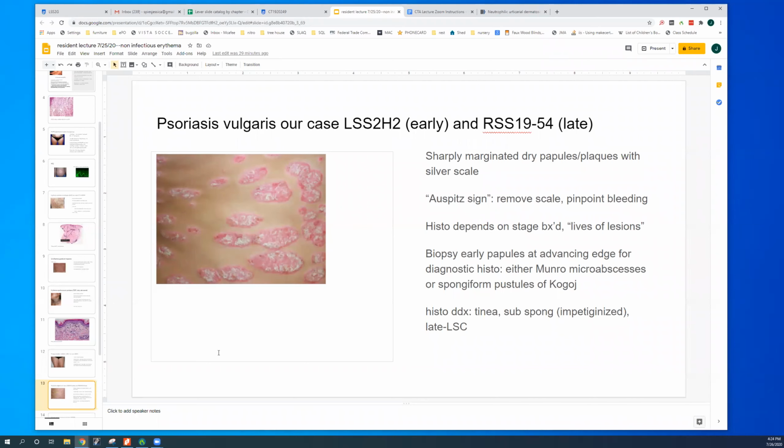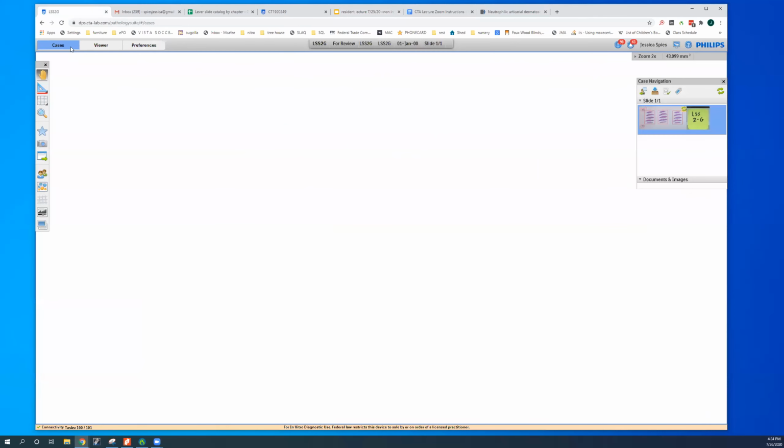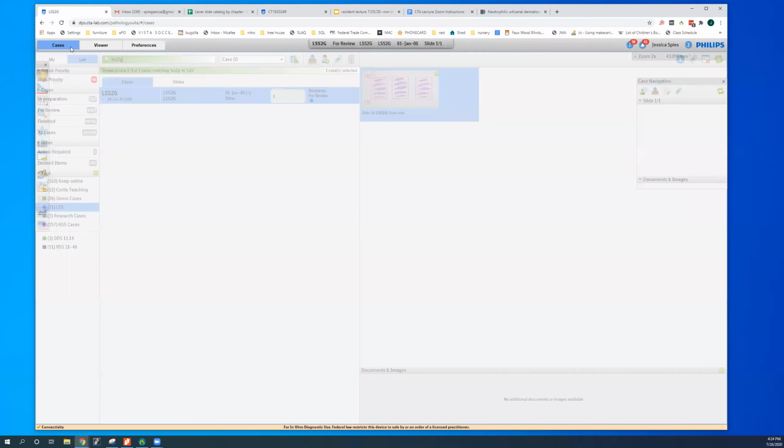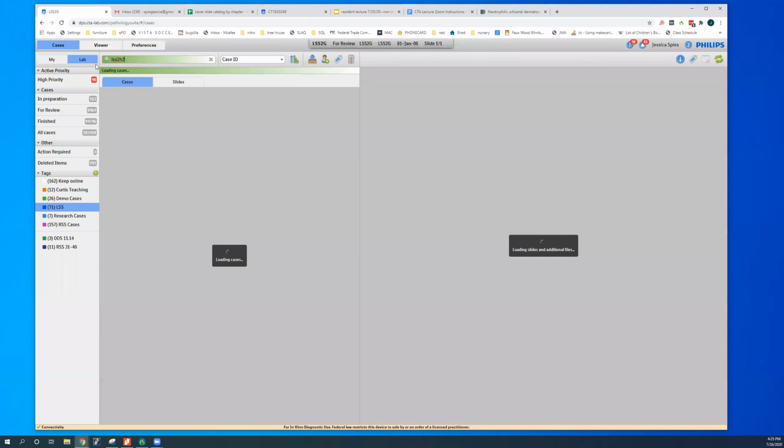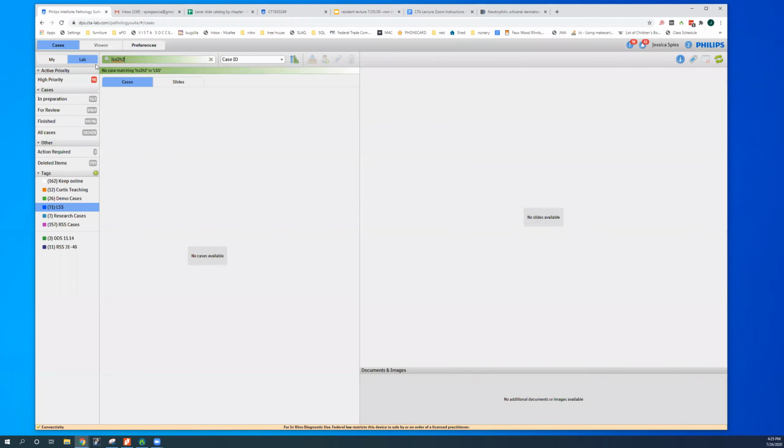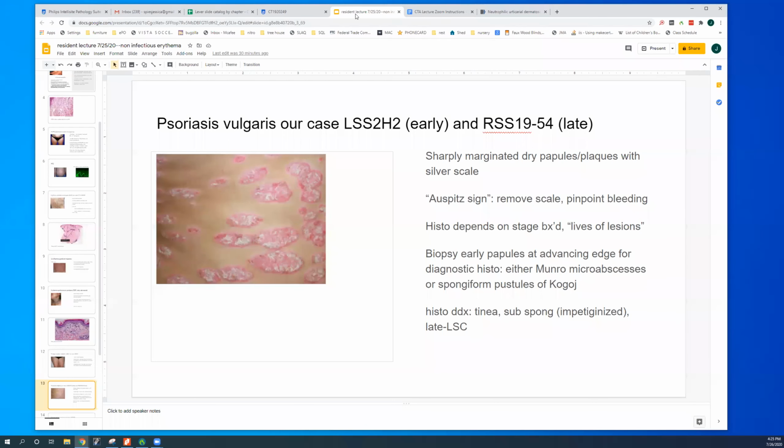So I'm mainly going to talk about the histologic patterns. Let me bring up our cases we have in our files. No cases again. Oh, 2H2.